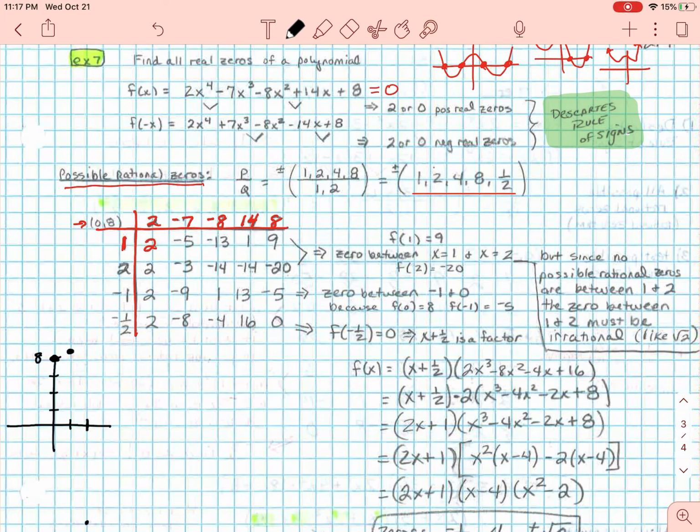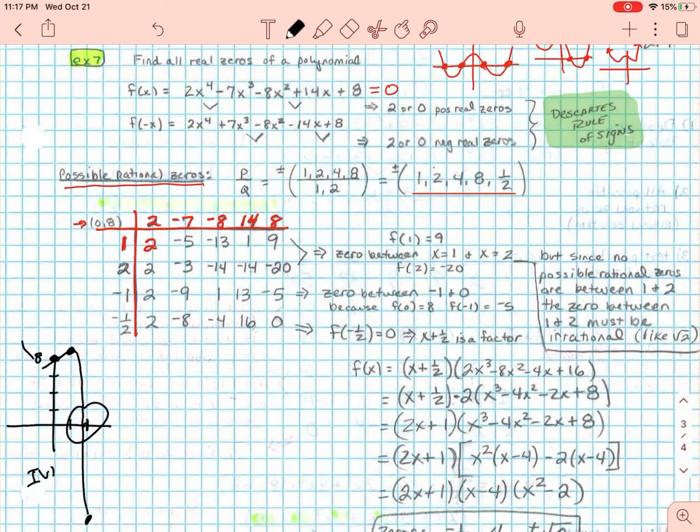That means that this thing had to come up, and it's going to come down and go right down through there like that. And if it's going to cross from a positive number to a negative number, then it has to cross through 0.